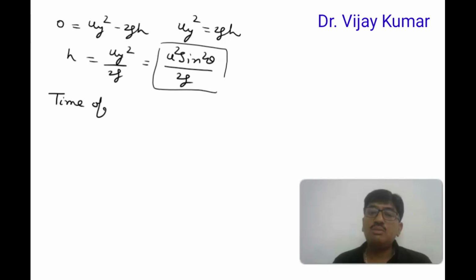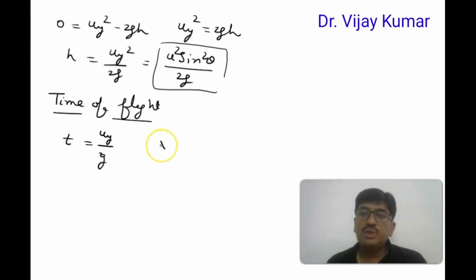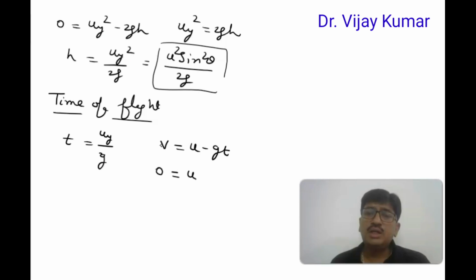Now we will determine the time of flight. For the vertical component, we know that during projectile motion v equals u minus gt. At the highest point, the final velocity becomes 0, so it is Uy minus gt. So Uy equals gt, and t equals Uy upon g, which is u sin theta upon g.